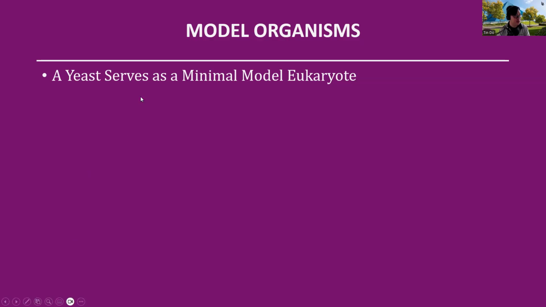Anyways, yeast serves as a minimal eukaryotic model. The reason is that yeast cells are incredibly simple. They're not as complex as a multicellular organism, but we can start mutating them or treating them with different types of medicine or different types of viruses to see the effects on a cellular level.